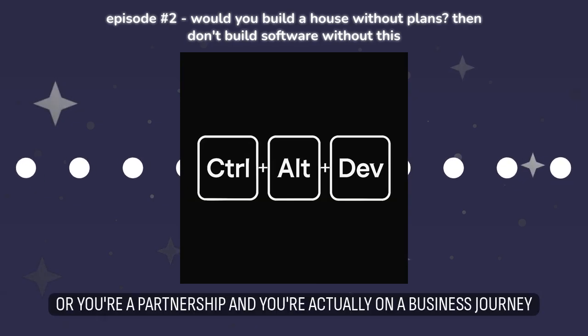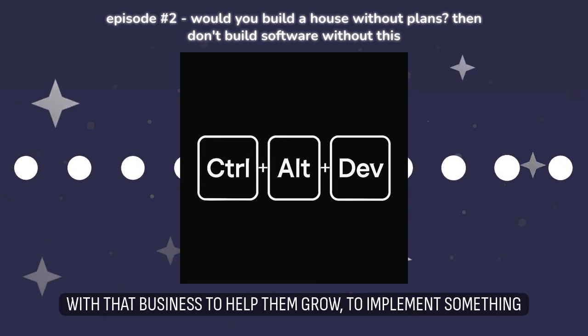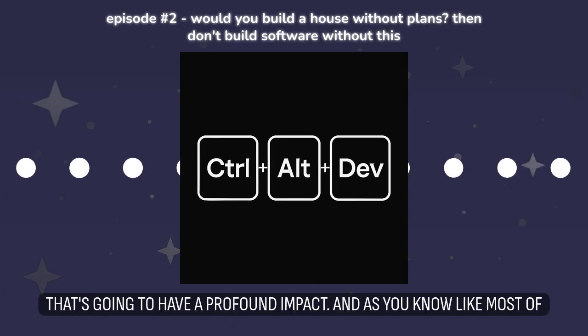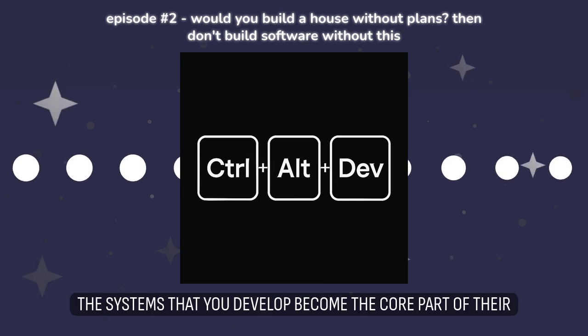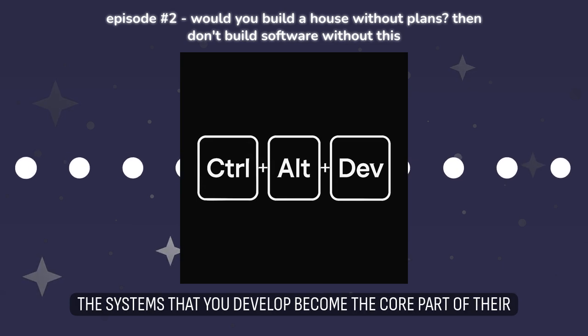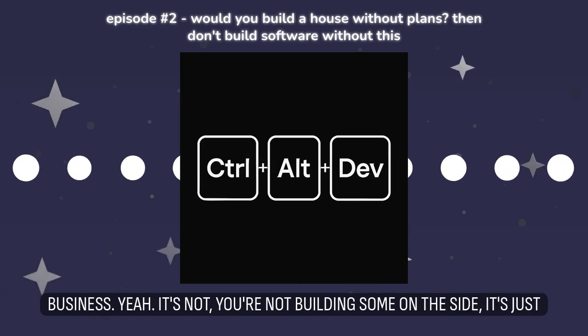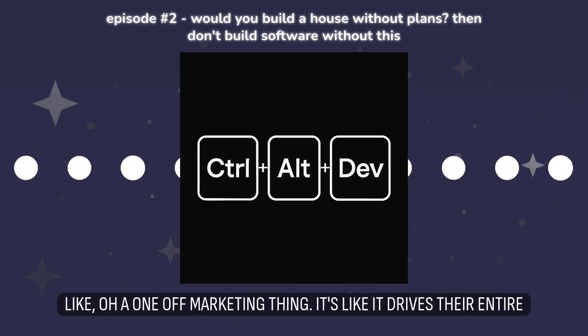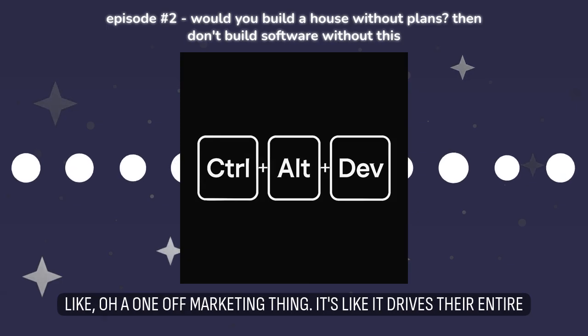Or you're a partnership and you're actually on a business journey with that business to help them grow, to implement something that's going to have a profound impact. As you know, most of the systems that you develop become the core part of their business. You're not building something on the side, like a one-off marketing thing. It drives their entire business.